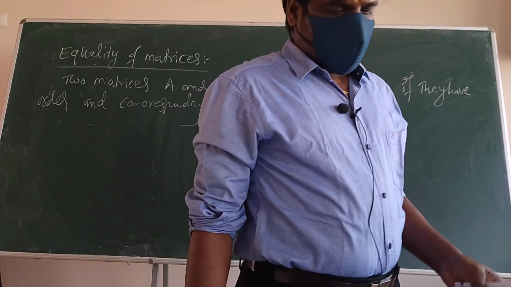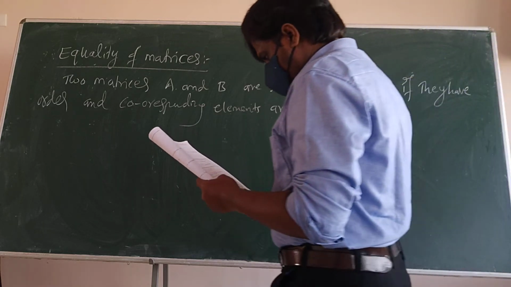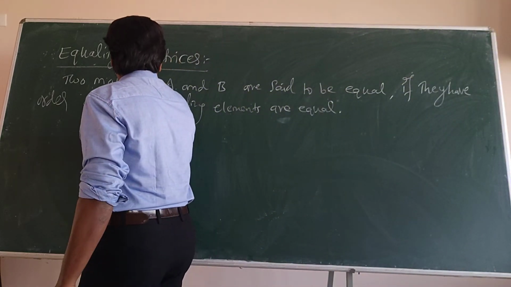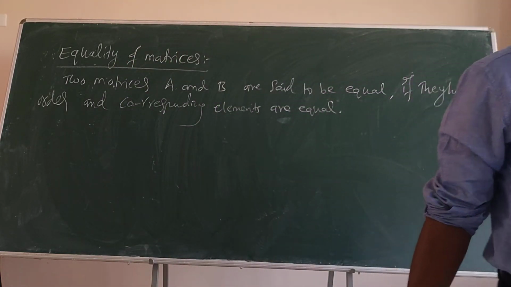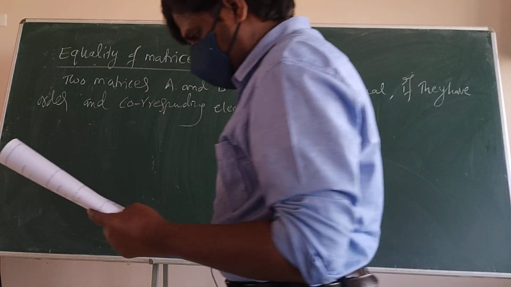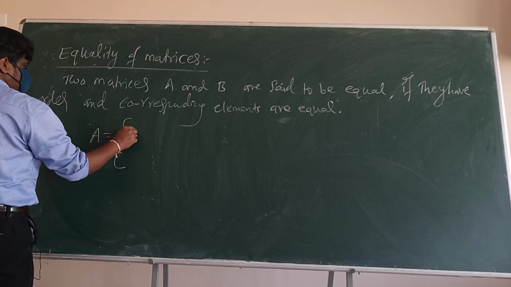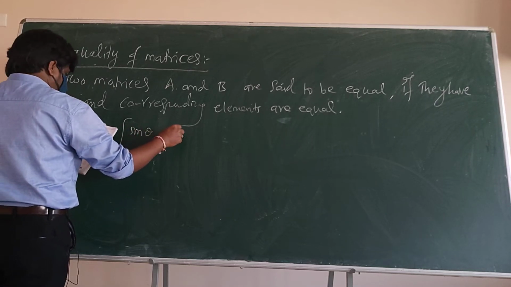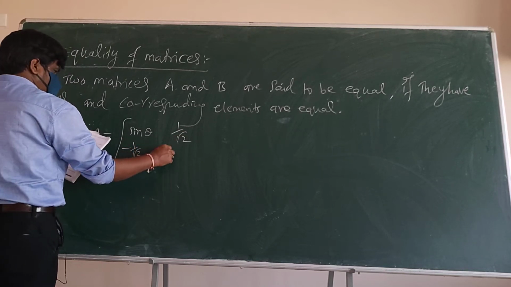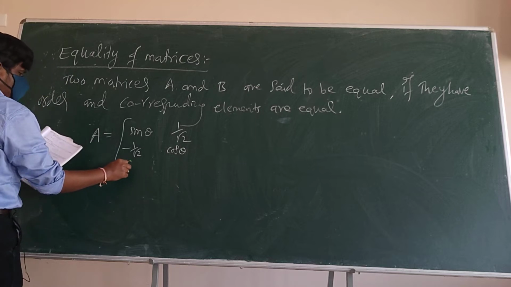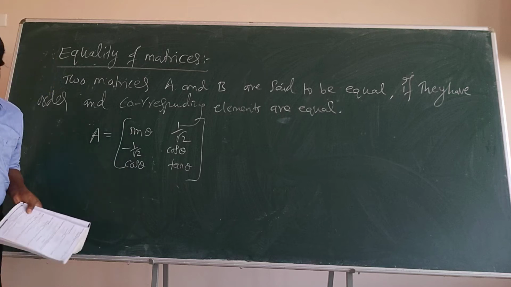Okay, so for example, suppose I am taking matrix A equal to [sin theta, 1 by root 2; minus 1 by root 2, cos theta; tan theta]. So this is the A matrix, suppose.